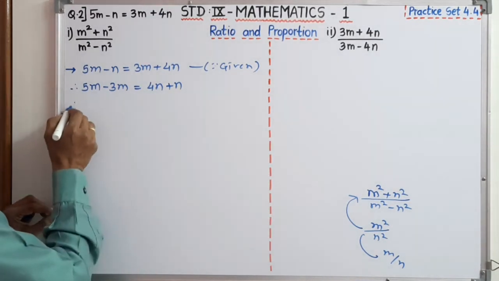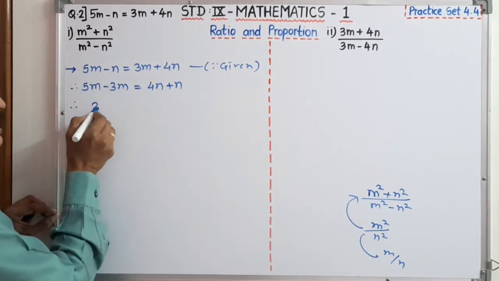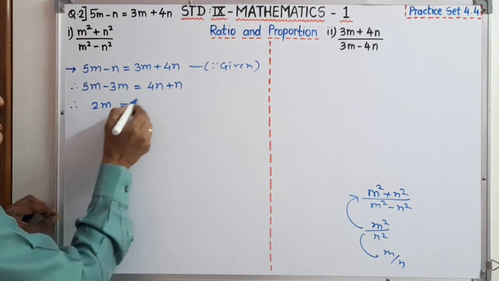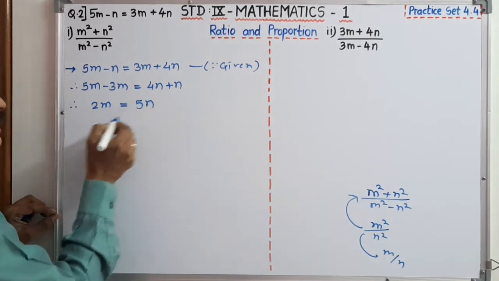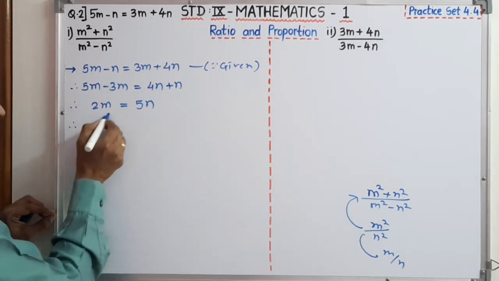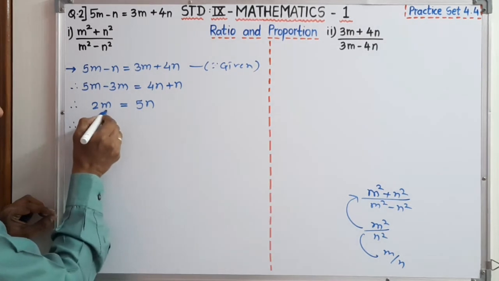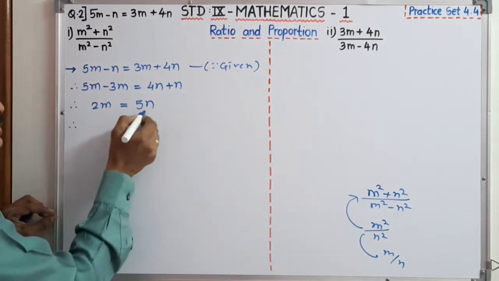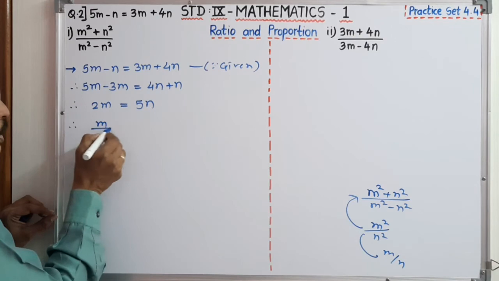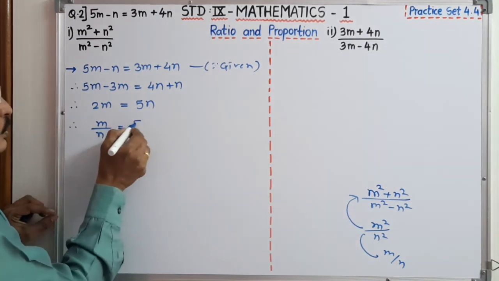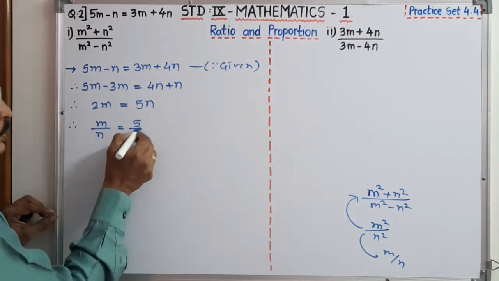Now dear students, see here 5m minus 3m, it is 2m is equal to 5n. Now see dear student, this n we have to take on this side, it gets divided, and this 2 also gets divided. Therefore m upon n is equal to 5 upon 2.